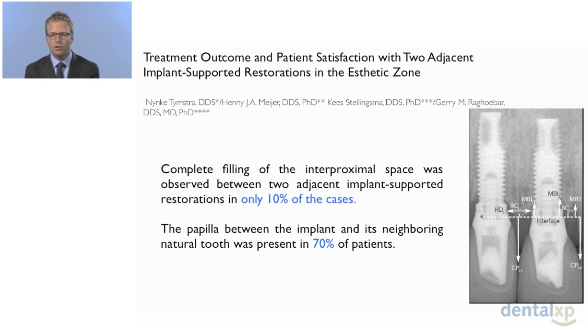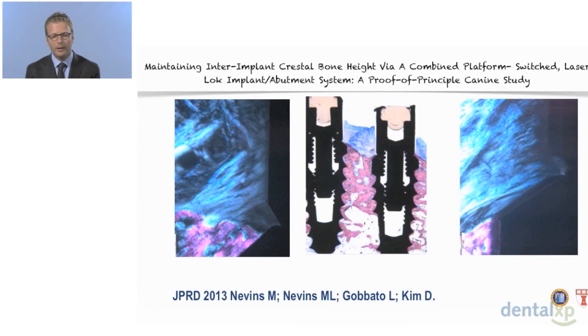Of course, the technology is going to help us, the research is going to help us. With Dr. Nevins at Harvard, we just published an interesting article where basically we placed the implants 2 millimeters close to each other, but these are a particular type of implants with a particular abutment that receive some type of treatment with a laser, called laser lock surface, in which the fibers of the connective tissue are oriented toward the implant surface and not parallel to the long axis of the implant.